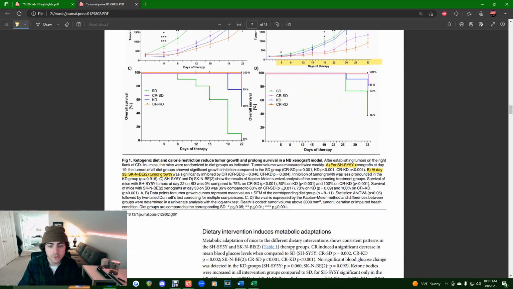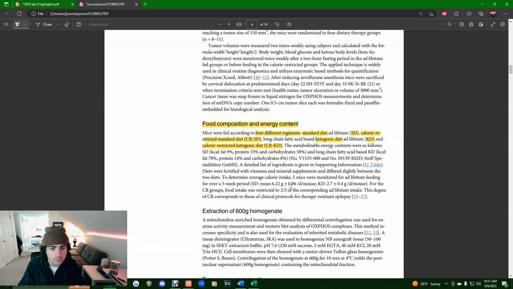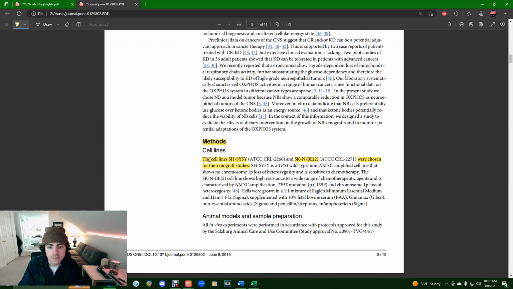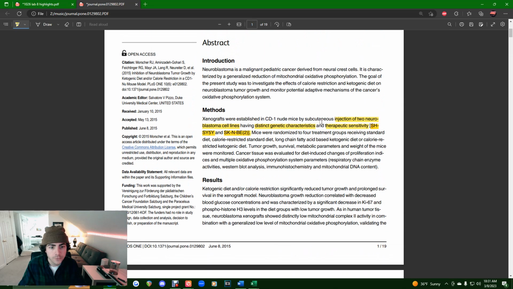So the difference is the method they're using. Let me be more specific. It's the cell line. So the cell line is the difference. They're using the cell line SHSY5Y for graph A, and then SK and BE2 for graph B. I think they say it again here: an injection of 2 neuroblastoma cell lines.